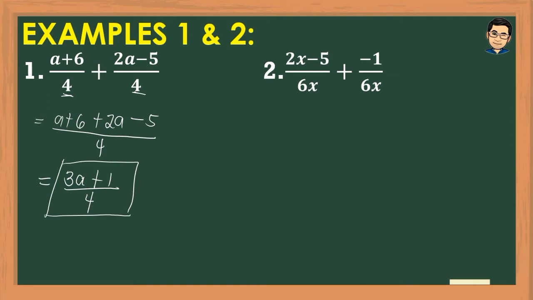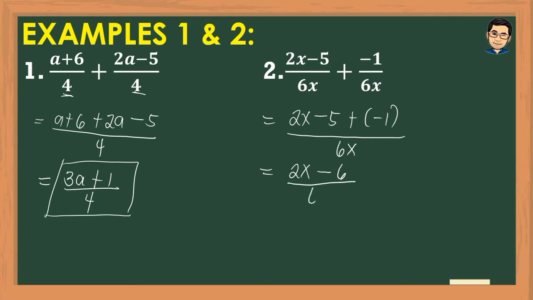Next, 2x minus 5 over 6x plus negative 1 over 6x. Same process, we combine the numerators. We add 2x minus 5 plus negative 1 all over 6x. Negative 5 plus negative 1 is negative 6, so 2x minus 6 over 6x.